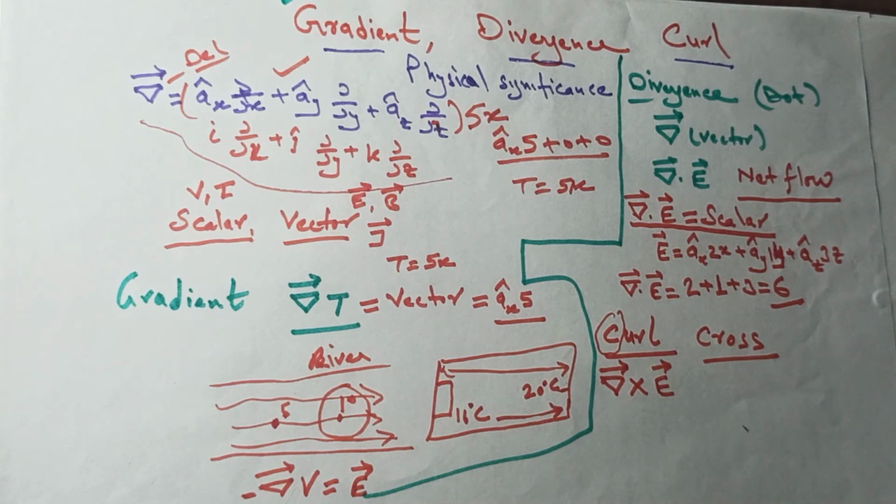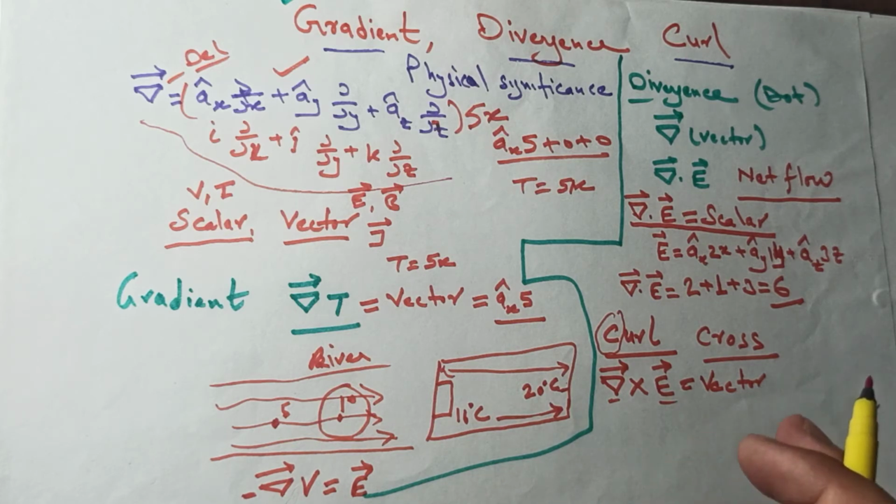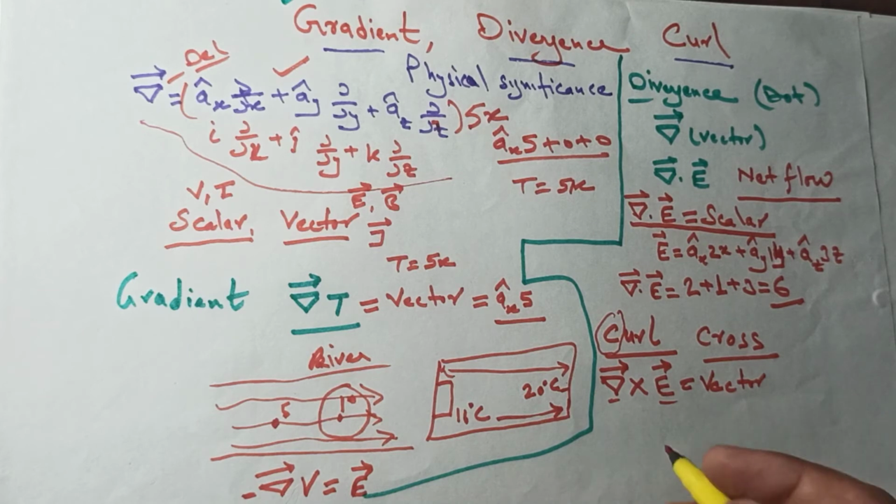So del cross E will give you the curl of that vector quantity. Now let's see what it signifies. This is a vector, and the cross product will be a vector. So the curl of any vector has an amplitude as well as a direction. So what does it signify? It will give you the maximum circulation.